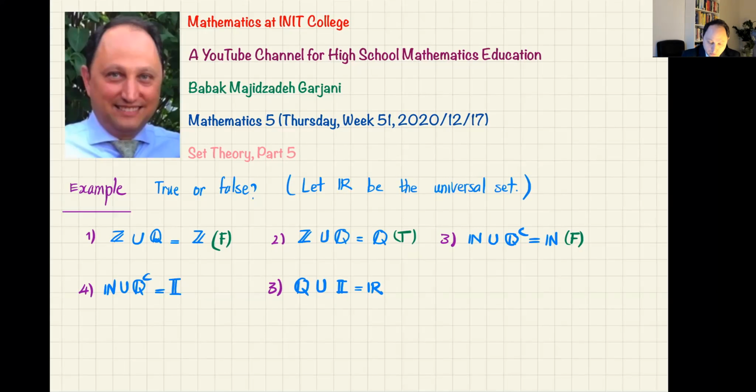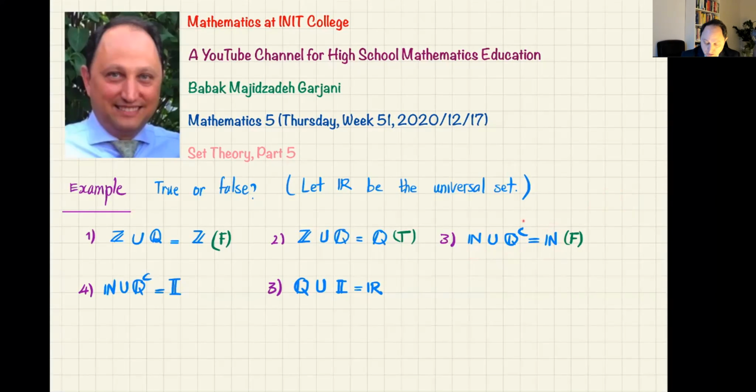The most famous one might be pi, but let me just use the square root of 2. Yes, the square root of 2 is definitely not in N. The square root of 2 is not an integer, it is not a natural number. But do you think that the square root of 2 belongs to this set?